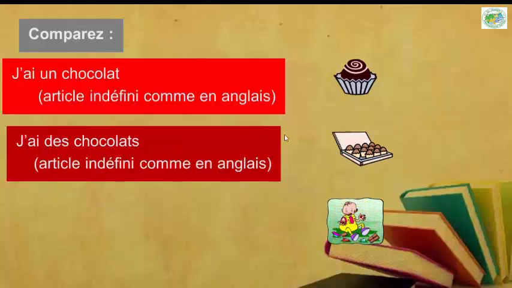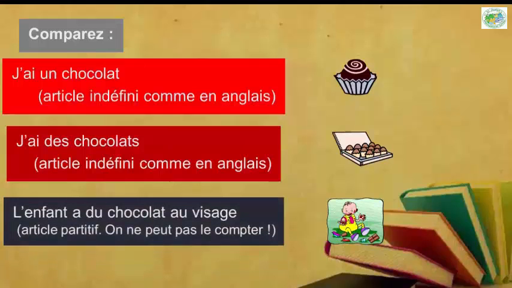What if you can't count, or you're talking about the quantity? Here in the picture, l'enfant a du chocolat au visage. He was playing with the chocolate and then he smeared his face. L'article ici, c'est un article partitif. On peut pas le compter.